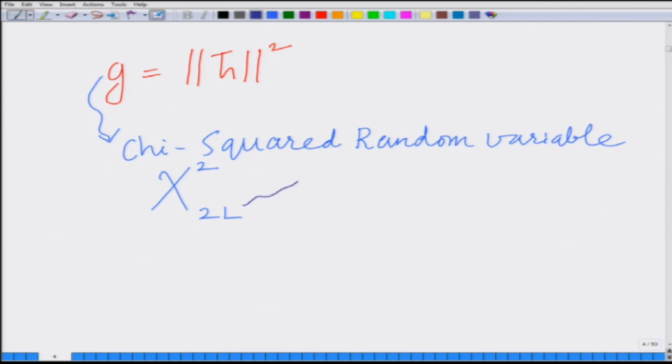This is the number of degrees of freedom, 2L, where L is the number of antennas, remember.